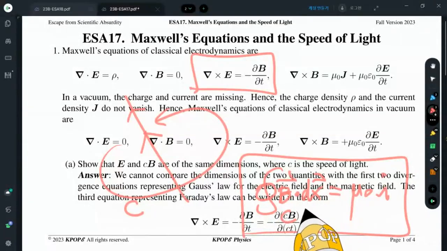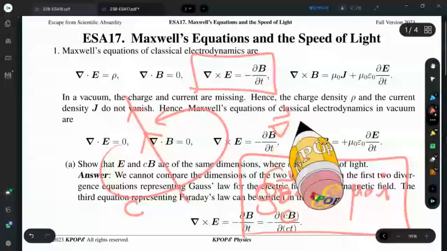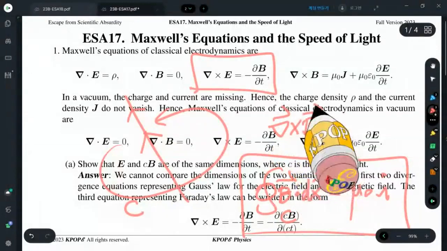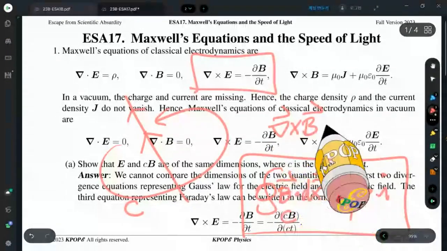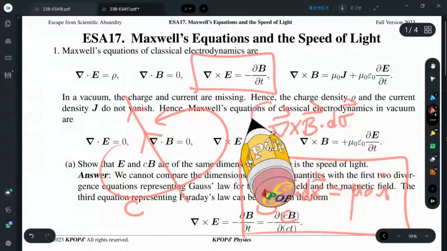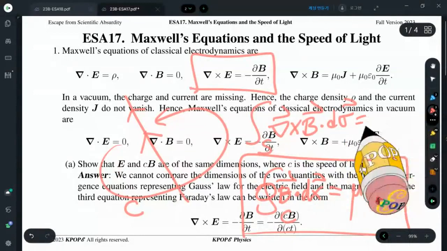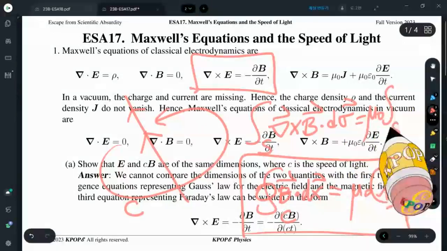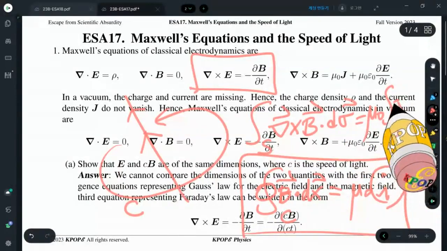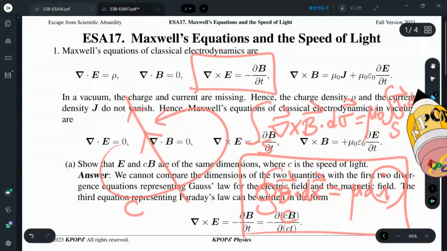Again, we can make use of Stokes' theorem to express this one as a surface integral over a surface, and then this current I can be expressed as a surface integral with the current density.